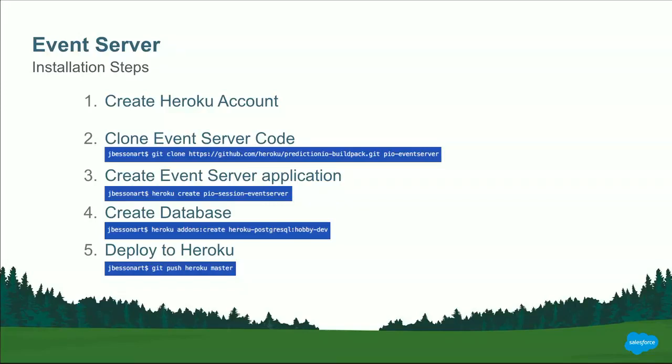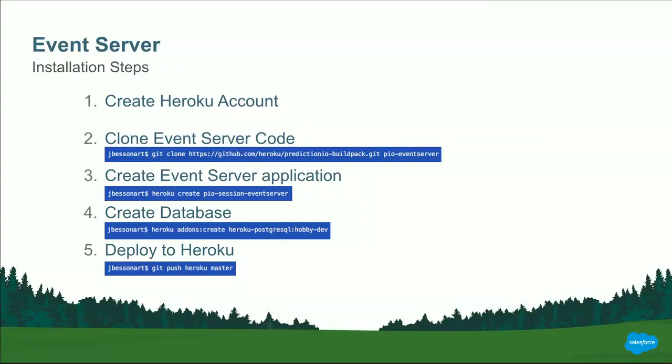So now we have the three elements, and let me jump into how to install them. It could sound a little tricky, but it's actually just a bunch of steps. Most of them are just command line steps. I have the example here. First, you need to create a Heroku account. It's where you will be storing and deploying the event server and the apps.